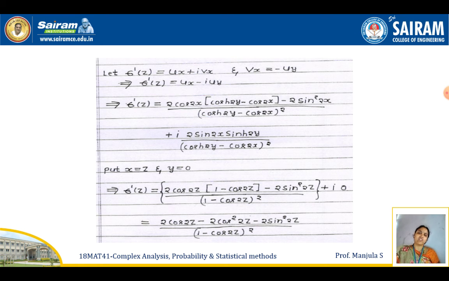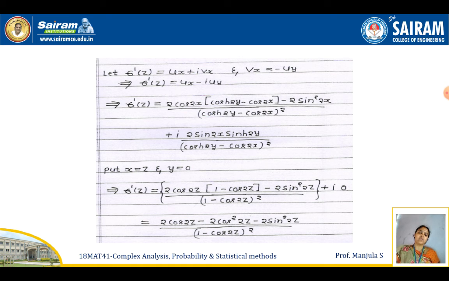In this equation, put x equals z and y equals 0. So f dash of z can be written as 2 cos 2z into 1 minus cos 2z, minus 2 sin square 2z, divided by 1 minus cos 2z whole square, plus i into 0. The imaginary part vanishes completely, so we have to simplify only the real part.